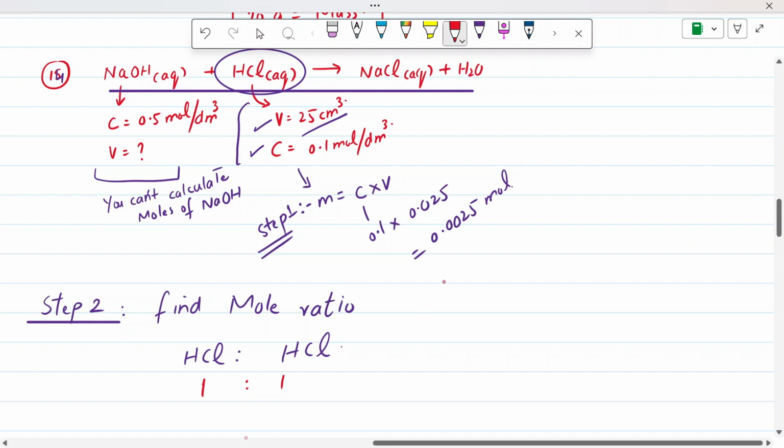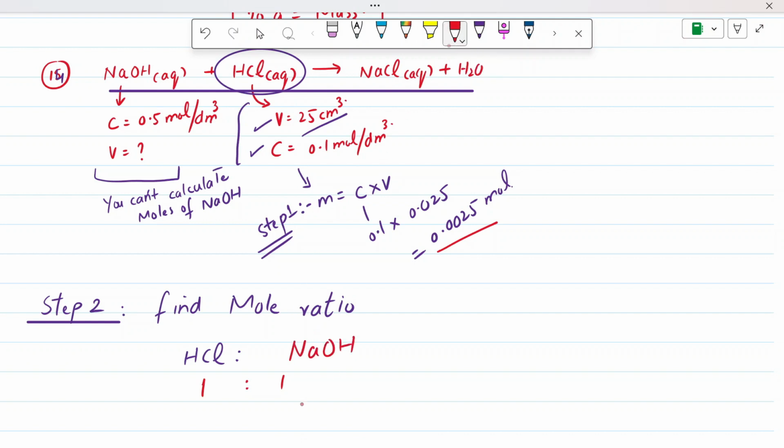So if you have 0.0025 moles of HCl, sorry, I've written HCl on both sides. Let me just correct it. Here you have to write NaOH, right? So if you have 0.0025 moles of hydrochloric acid, the moles of sodium hydroxide will also be the same, 0.0025 moles.